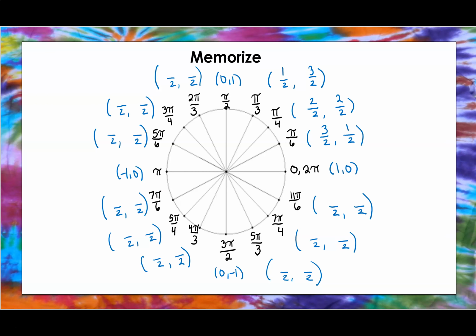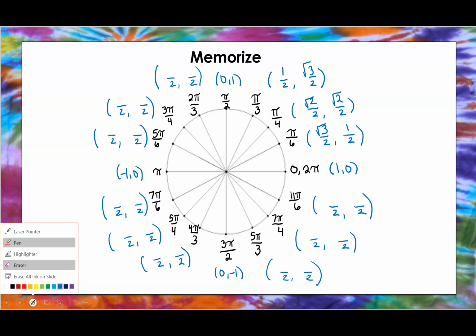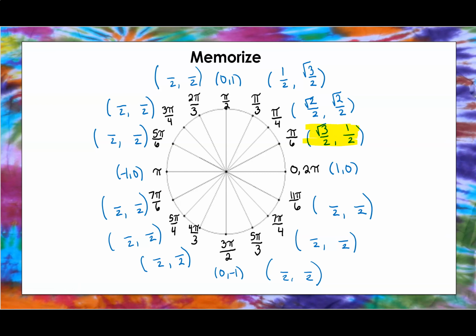I technically could add a square root to the 1, but square root of 1 is 1, so we're just going to leave that be. I'm going to add the square root here, here, here, and here. Sweet. Next thing we're going to do is copy all the reference angles that are the same. What I mean by that is here, all the over 6's should be exactly the same coordinate.